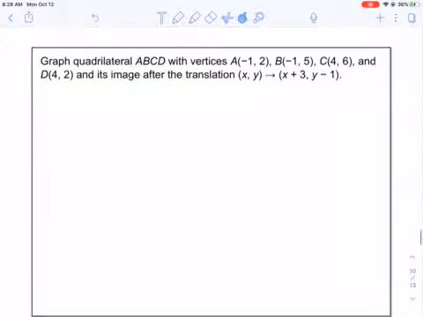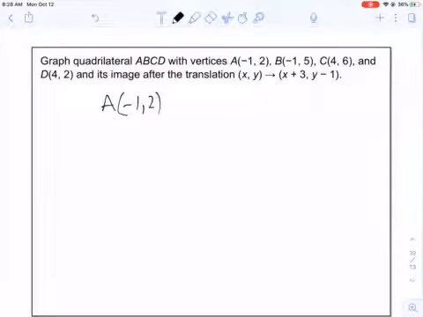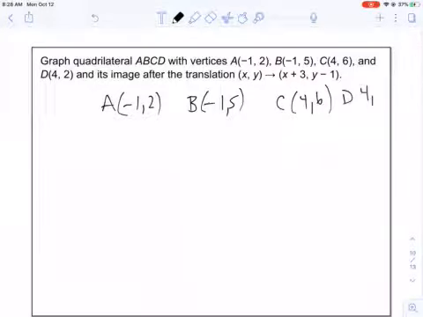So now we've got these 4 points. They want us to use these rules to move them. So A is -1, 2. B is -1, 5. C is 4, 6. And D is 4, 2.